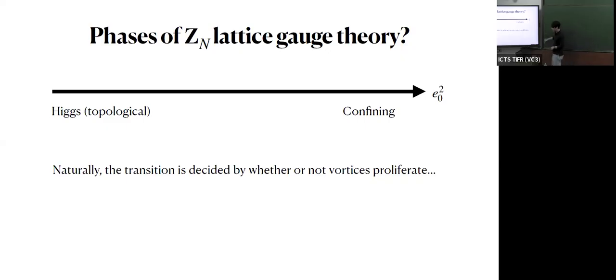At very strong coupling, this is, of course, the confining phase. This is practically true of any lattice gauge theory. And naturally, this transition is decided by whether or not vortices proliferate. That is, there's some transition somewhere. This is a theory only of center vortices. That is the natural expectation.